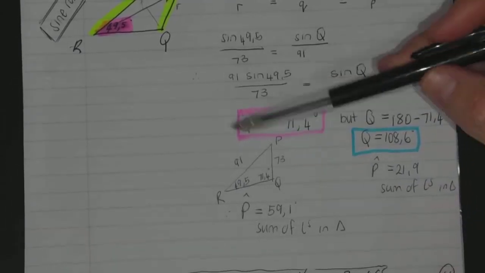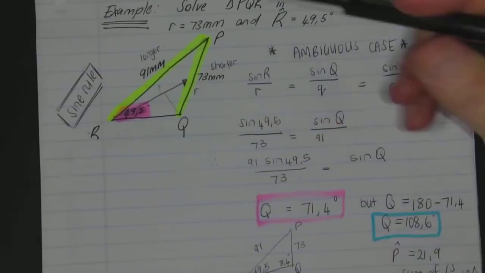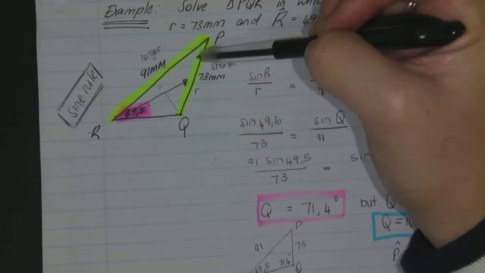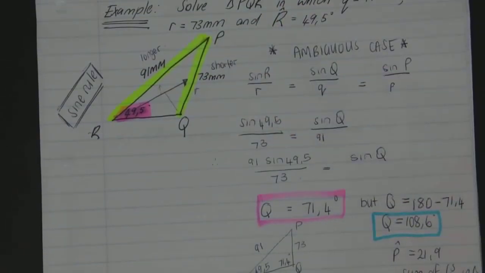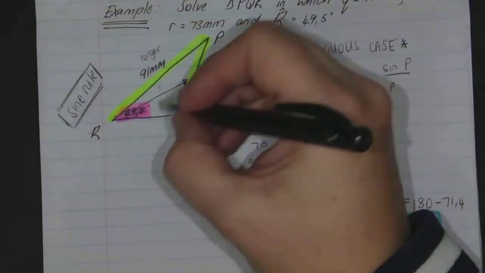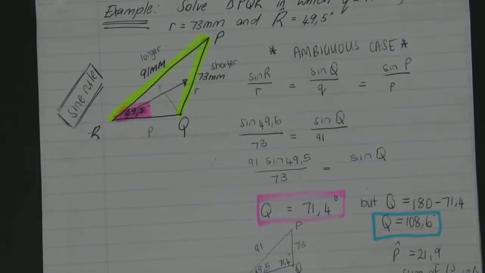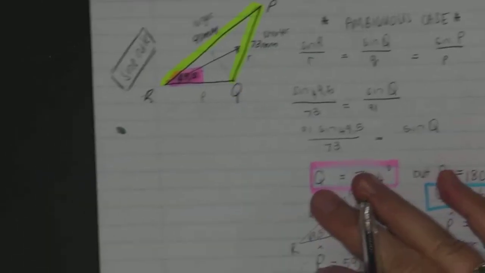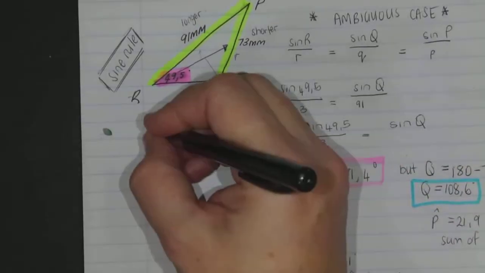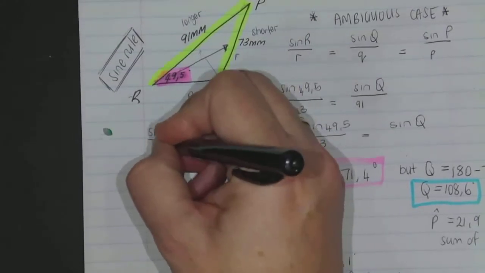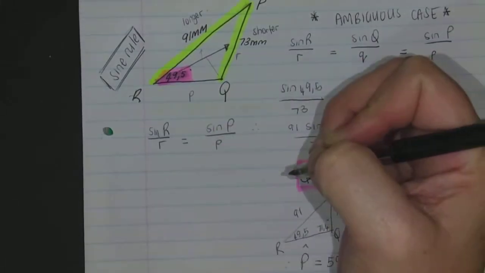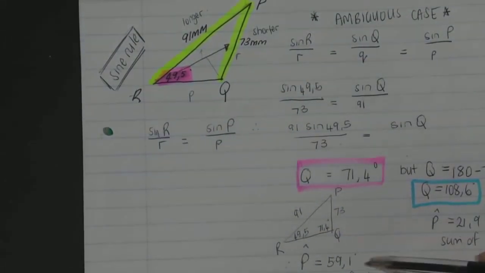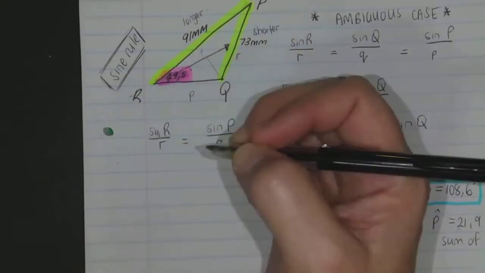Okay, so now I have done one, two, three. Now I need to find out the length of RQ, or in other words, the length of side P. So sine R over side R is equal to sine P over side P. But I just saw P can also be two options, so I will have two answers.